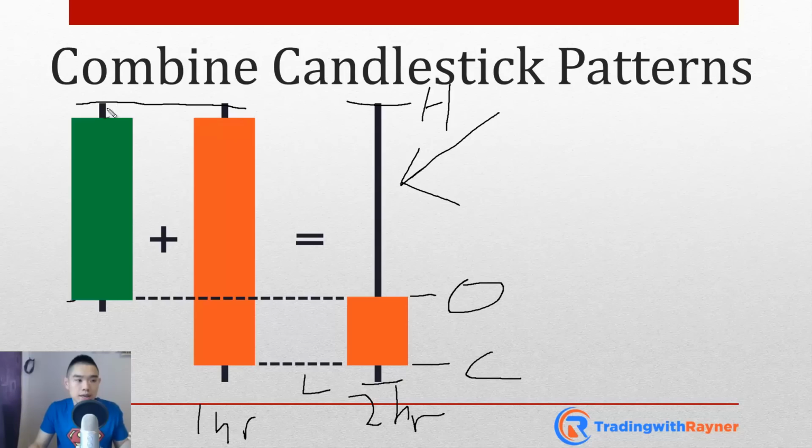In this case, the highs between these two candles are pretty much the same. What about the lows? The low is essentially the lowest point between these two 1 hour candles, and the low is actually this over here. And where is the close? The close is essentially the close of the second candle, which is this one over here. This candle closed at this price level, and that's why you got this close.